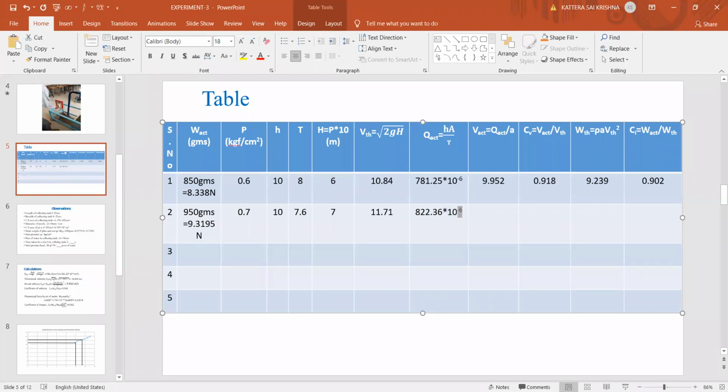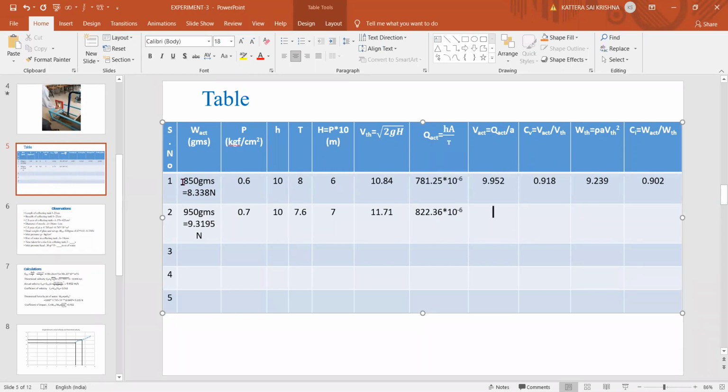Okay, no problem. 822.36 into 10 power minus 6. Next, V actual equal to Q actual divided by area of jet. So already I said to copy that area of jet.